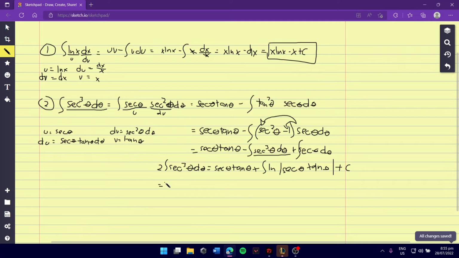So simplifying this, we will divide this by 2 and then divide this by 2.